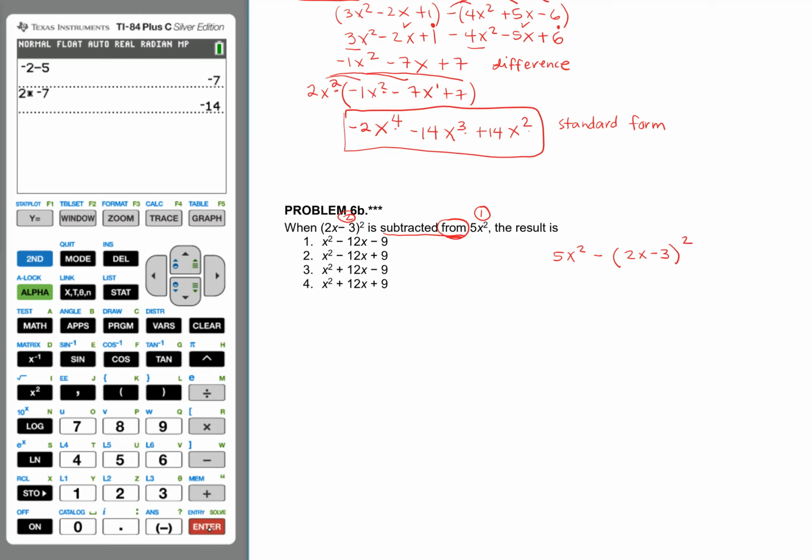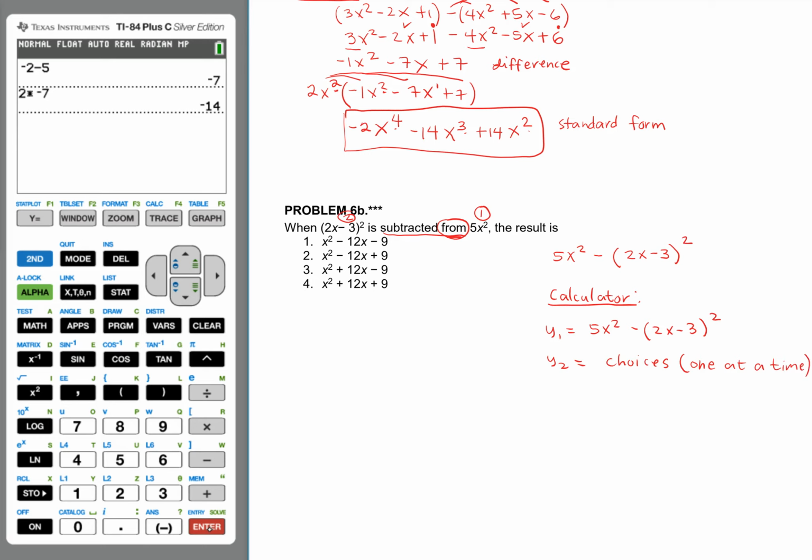Now, how do I use my calculator here? This looks complicated when you try to simplify it, but if you have your calculator with you, this is how to use it. You'll enter y1 and give an expression: 5x squared minus 2x minus 3 squared. Your y2 would be your choices, but it should be entered one at a time, so you cannot enter them at the same time.